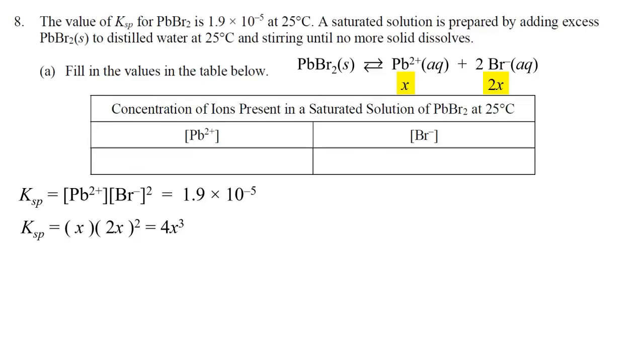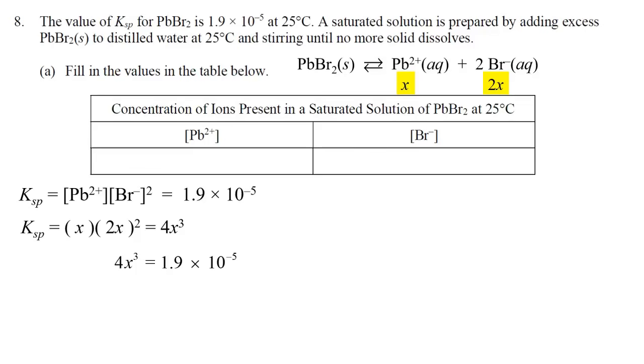So we have X times the quantity 2X squared. So mathematically that is equal to 4X cubed. And that is equal to 1.9 times 10 to the negative 5. All we have to do now is solve for X. So let's divide by 4 and then take the cube root of that value.